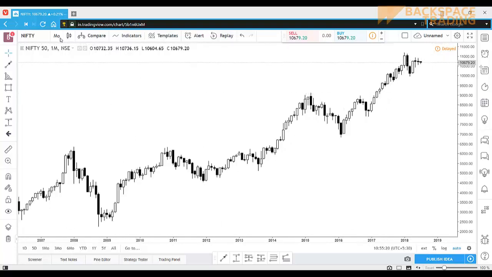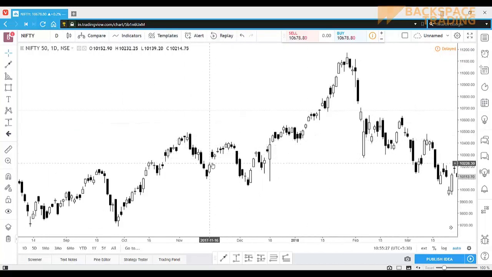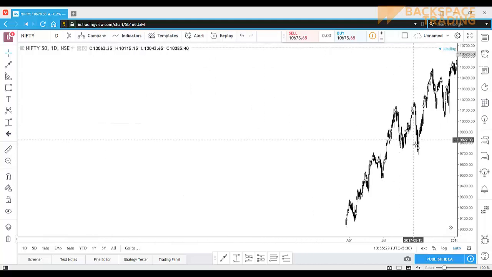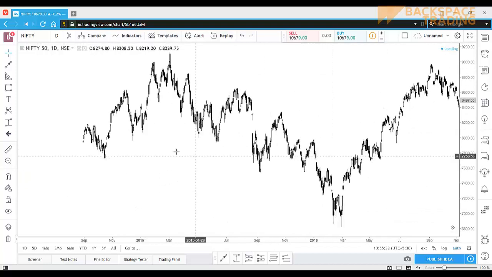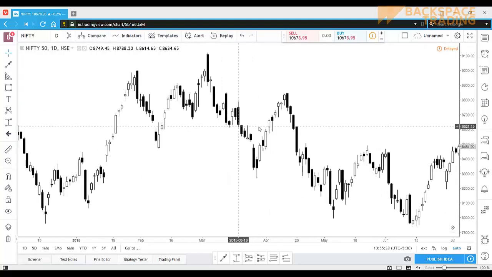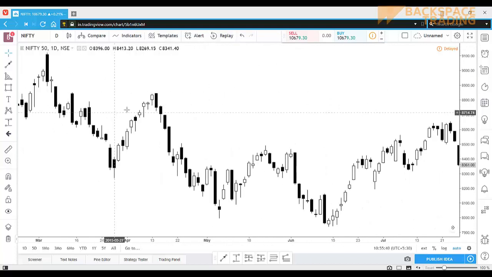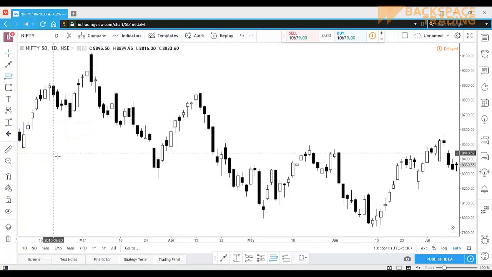Now let's see fib retracement on a downtrend. I'm switching to the daily candle now. Okay, and where is a good downtrend? Let us see. Yep, this is a good downtrending scenario. Now I'm just taking the fib retracement. So for uptrend you plotted from low to high, right?